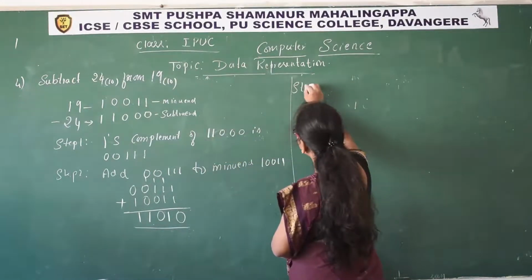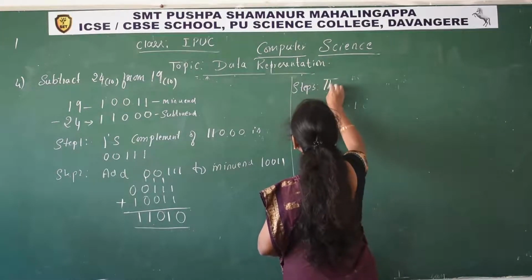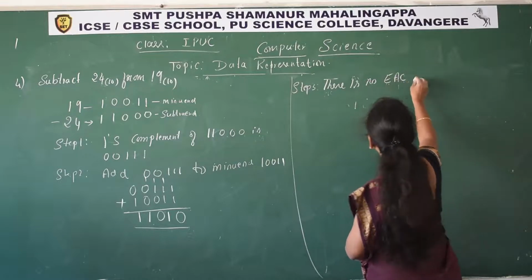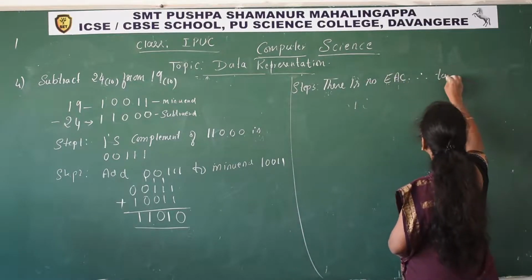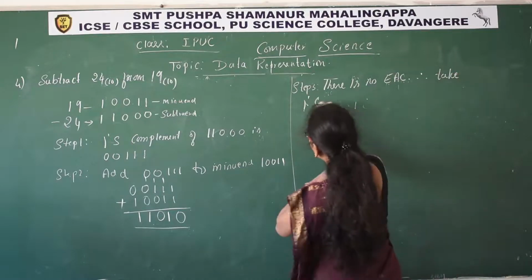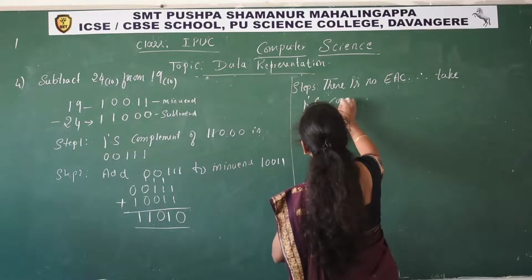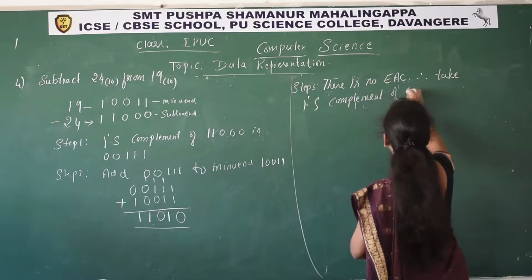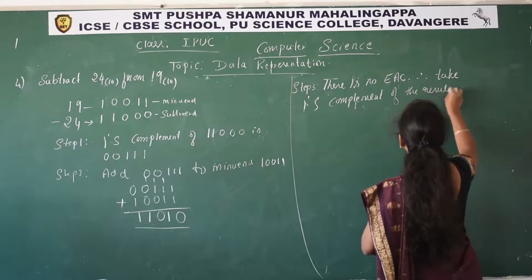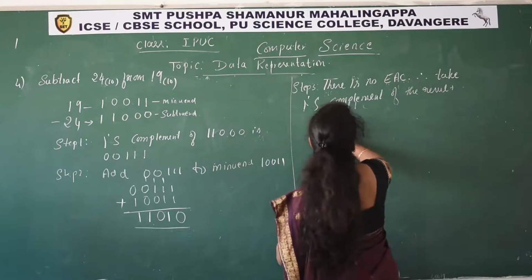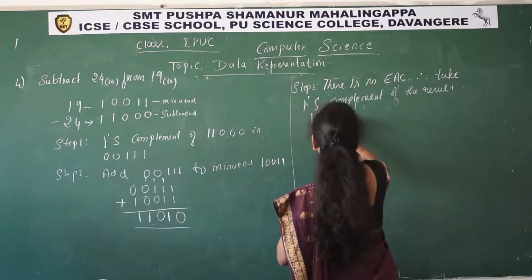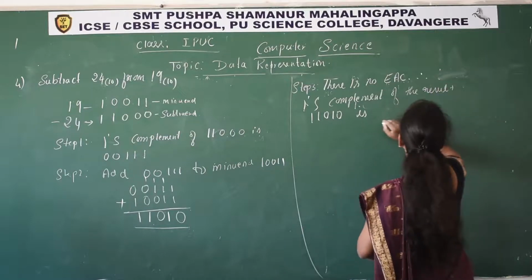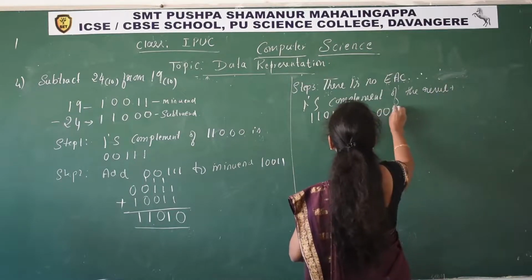Step 3. There is no end around carry. Therefore, take the ones complement of the result. 11010 is 00101.